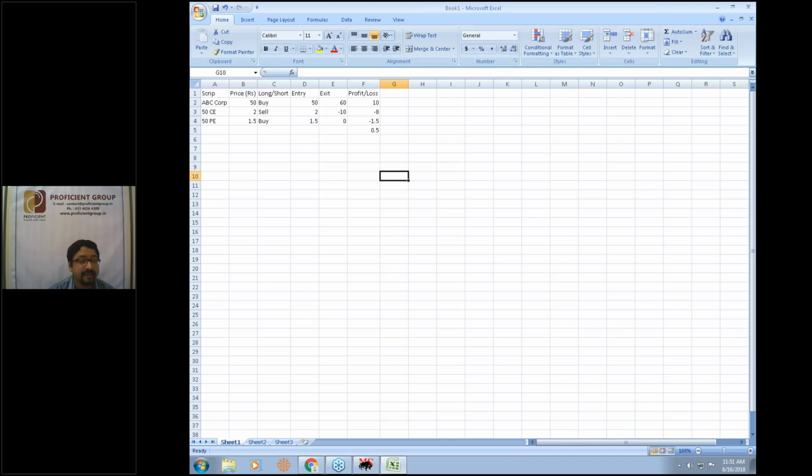This is the riskless profit that we have, right? So if the stock price rises, we have a profit of ₹0.50.